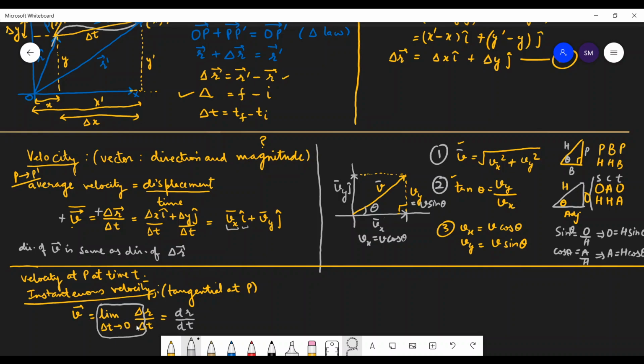Always remember this d is limiting the denominator to 0. I have changed these delta symbols to d. Okay, so that's my formula of the instantaneous velocity.